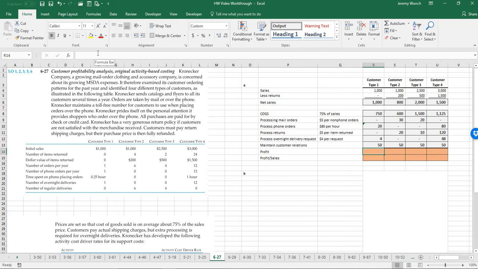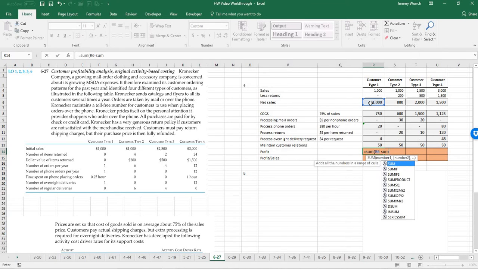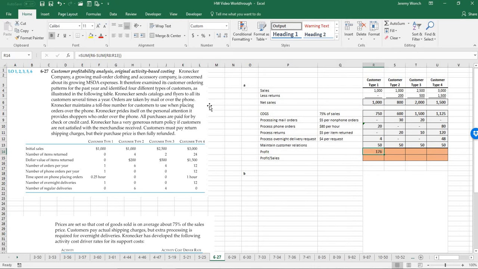Alright, so the profit is going to be their net sales minus the sum of their costs. Let's fix that messed up formula.